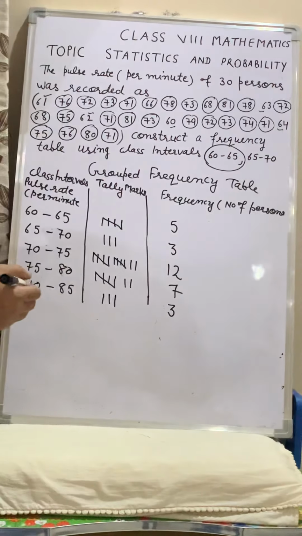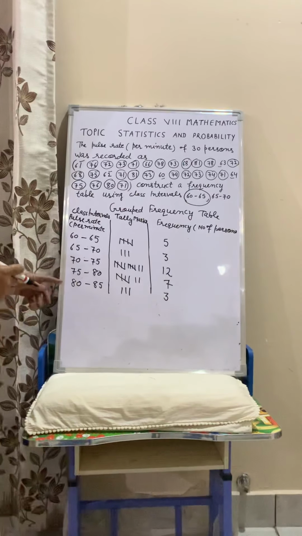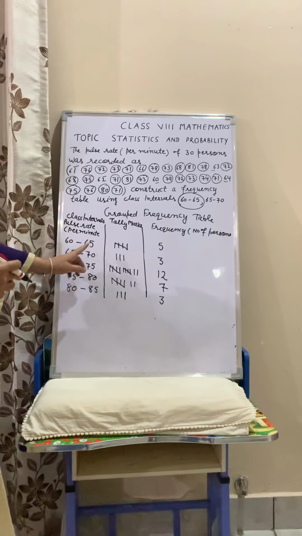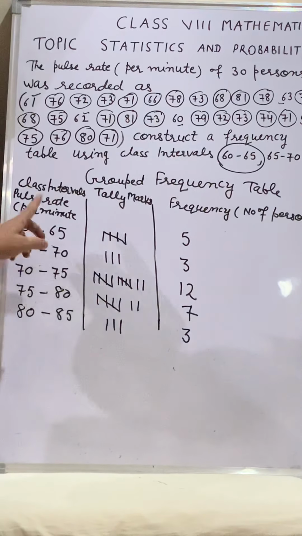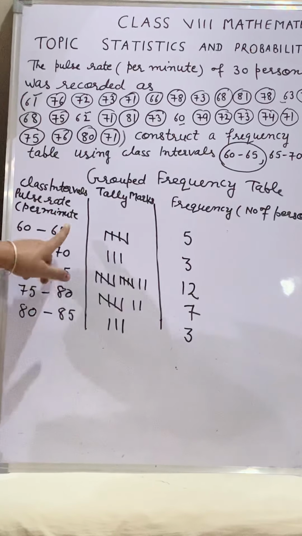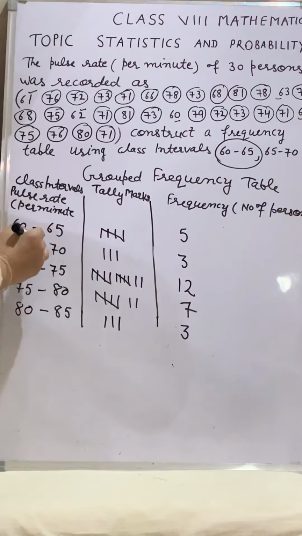In this way you have to prepare a grouped frequency table. You have to observe these groups: class size, upper limit, lower limit. The upper limit of the second group is the same as the lower limit of the next. This is called the continuous grouped frequency table.